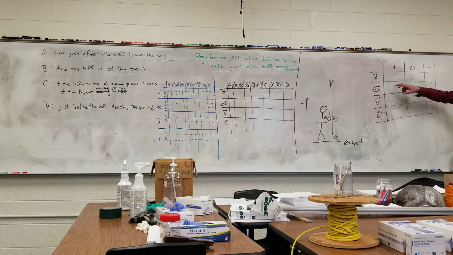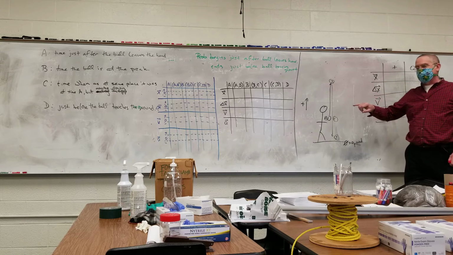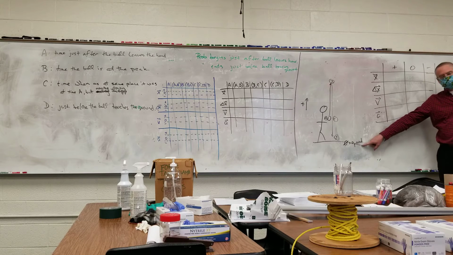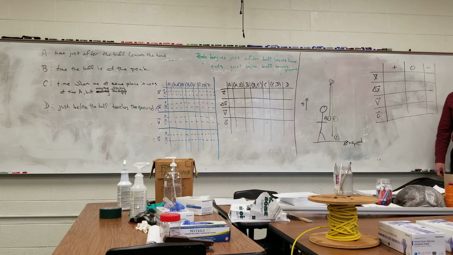A number of people got this one. A number of people forgot what position is. Position is where an object is relative to 0. Where is 0? The ground. Yes, right there, 0 equals ground. When is the object on the positive side of 0?